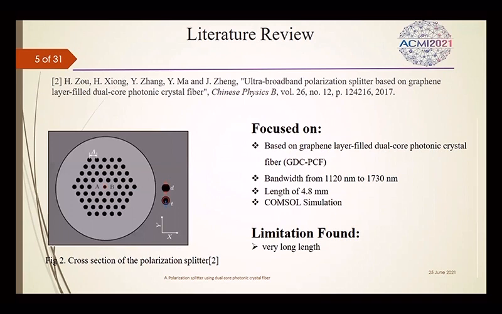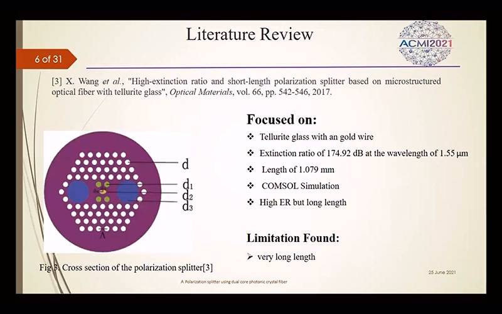And now I will discuss the literature review. In paper 2, they focused on graphene layer filled dual core photonic crystal fiber, and their bandwidth is 610 nanometer and the length is 4.8 millimeter. Their limitation is very long length. In paper 3, they focused on telluride glass and gold wire.